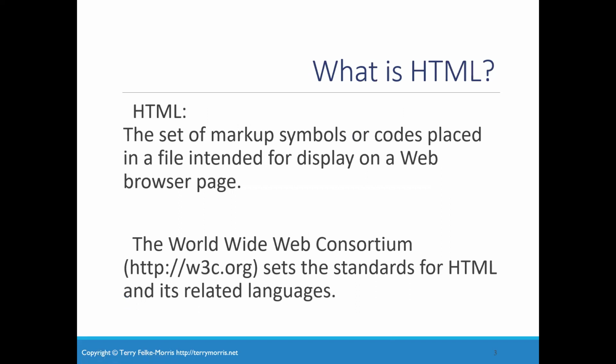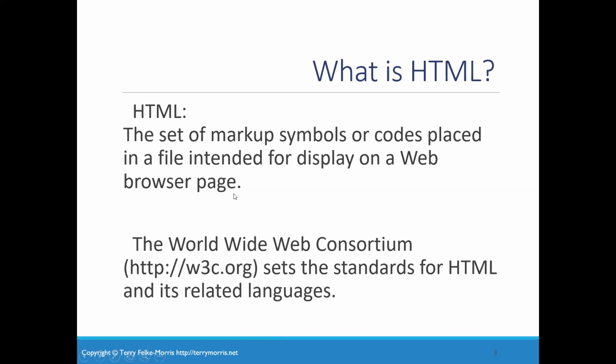So to begin with, we'll begin with what is HTML. In our previous sessions, we learned about the internet and how it evolved. Now we are looking at HTML, which is one of the things we need to learn in order to build websites. So what is HTML?